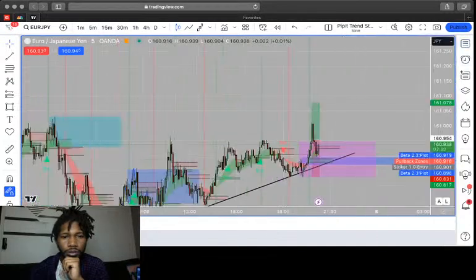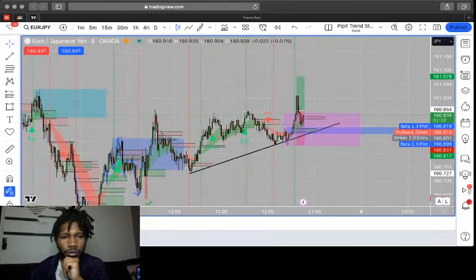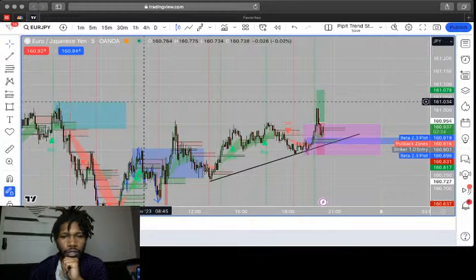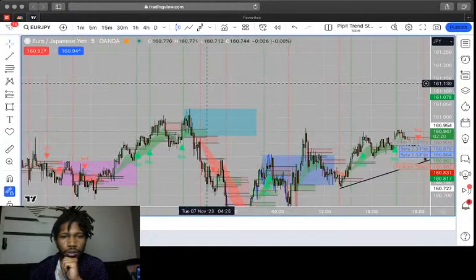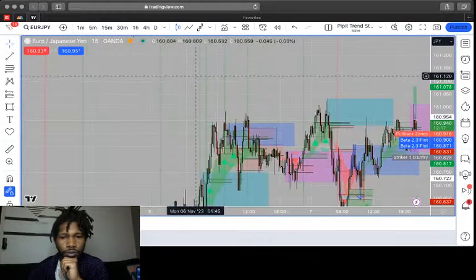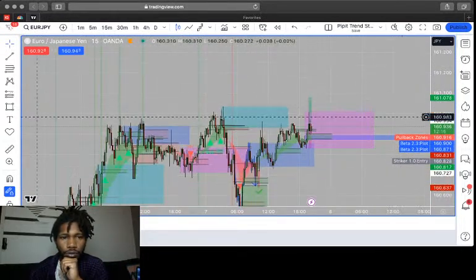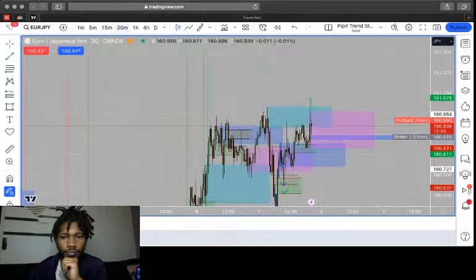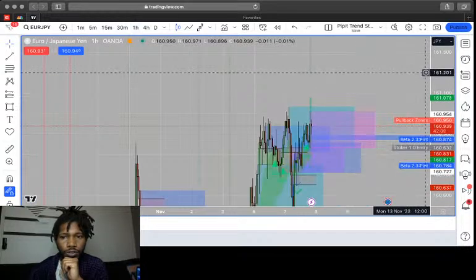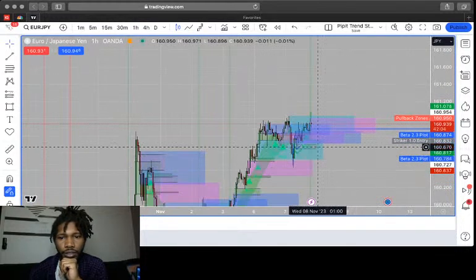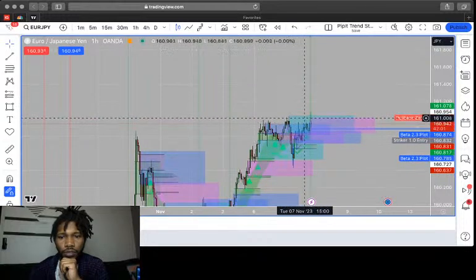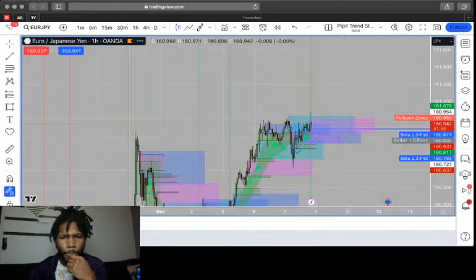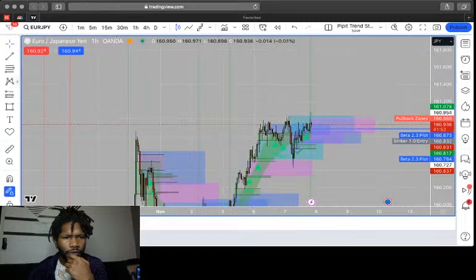Let's turn on this level over here to pay attention to. Let's go to the higher time frame. This level up here, is that it? Alright, so we're actually at a standstill. We actually might be looking for price to continue to the downside. So I'm going to keep an eye on this. Yeah, because we have a lot of wicks up here.